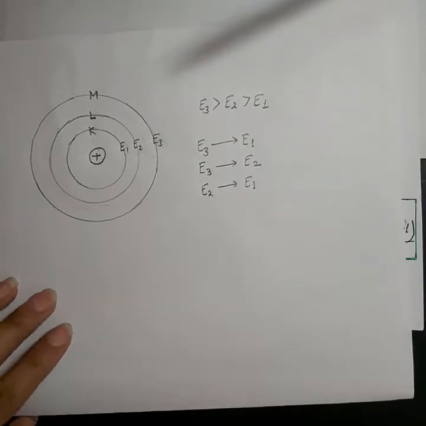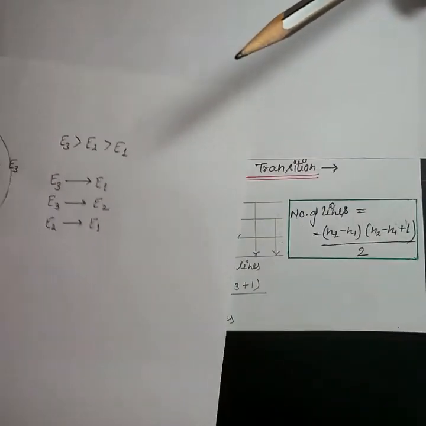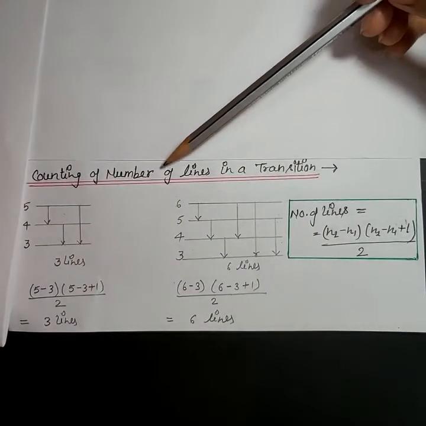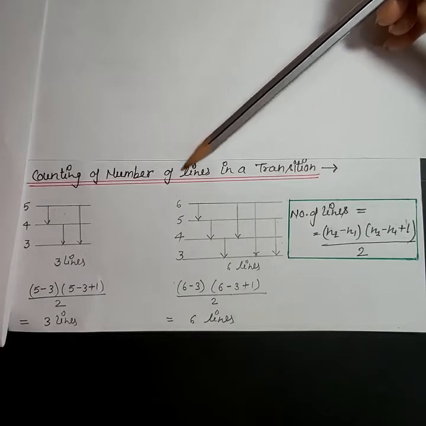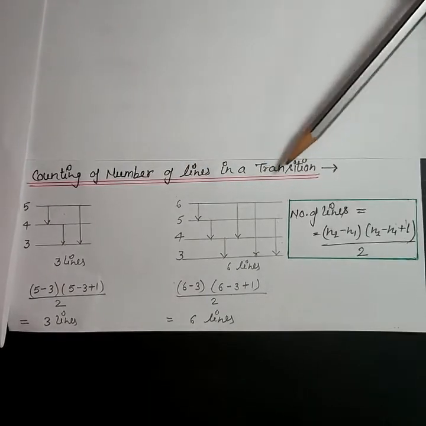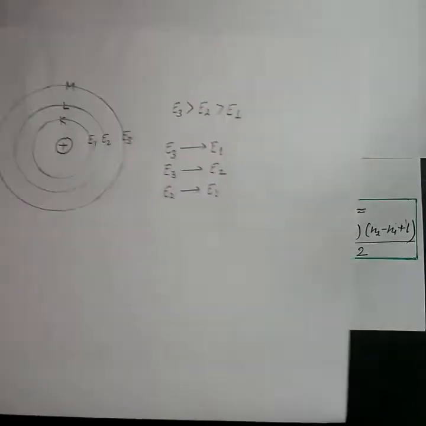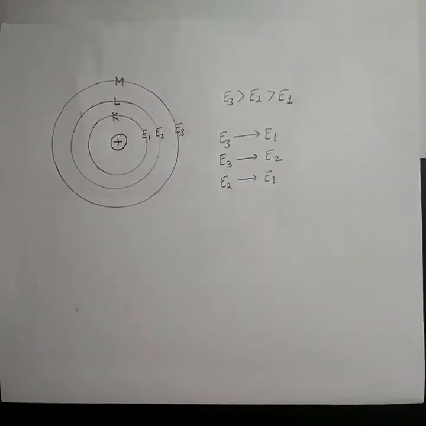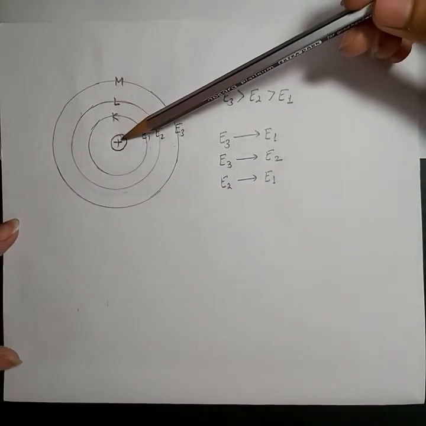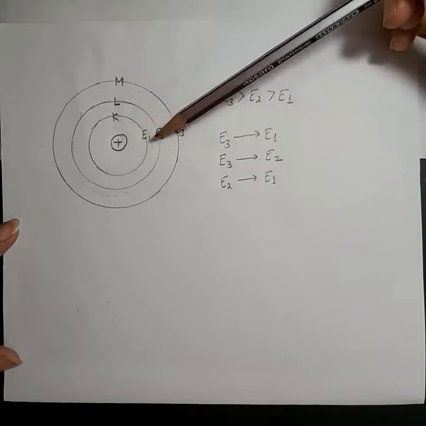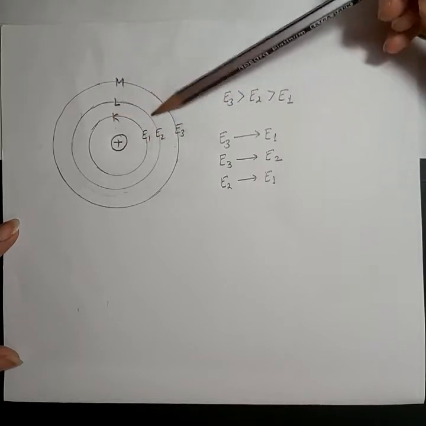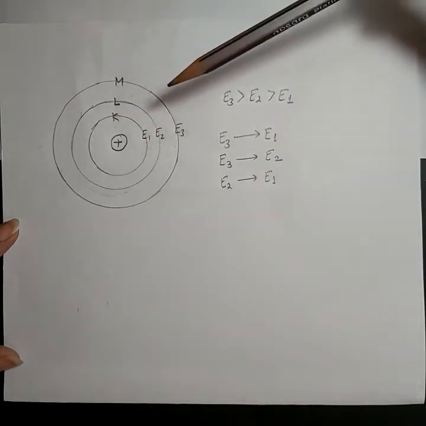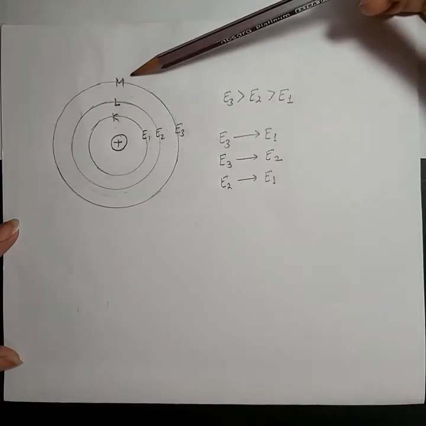Okay. And the second thing that you should know is how the lines are formed by the transition of electron. So let's see. As we know, electrons are present around the nucleus in a particular area, in a permitted area, which is known as shell or orbit.